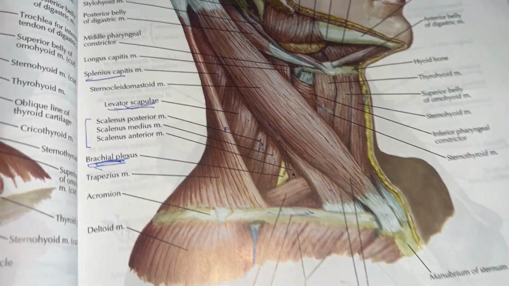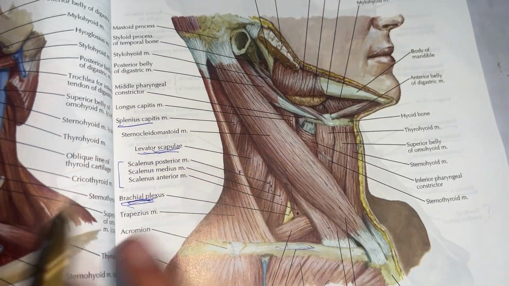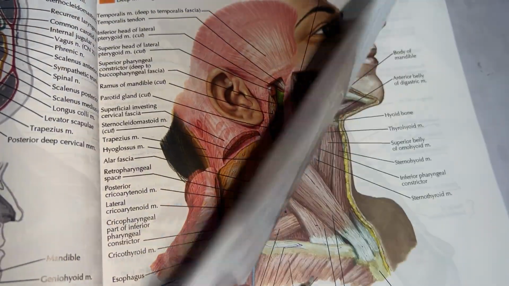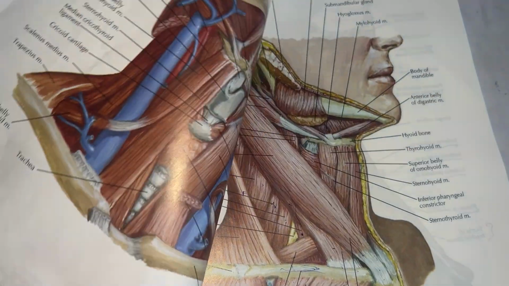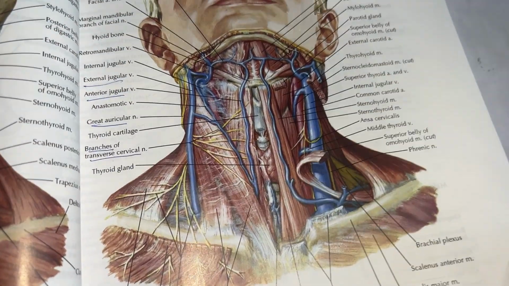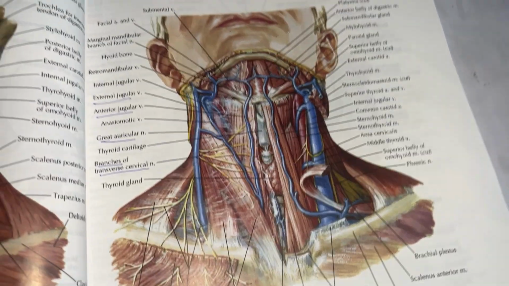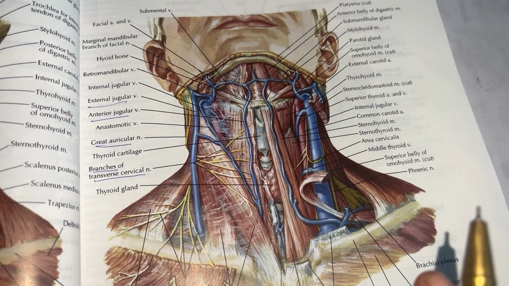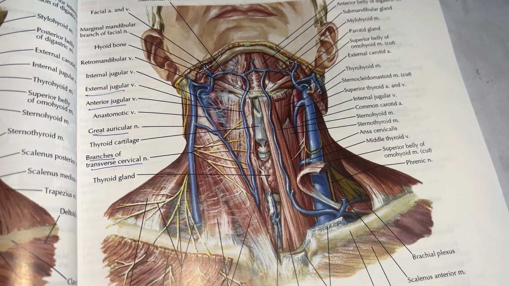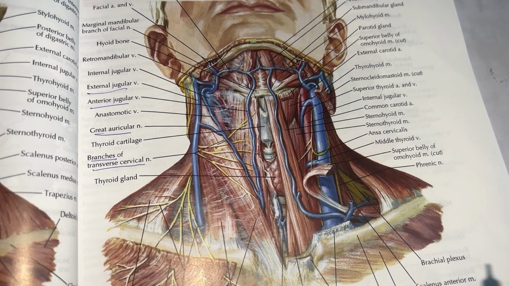The roof of the posterior triangle is formed by the skin, superficial fascia and the investing layer of deep fascia.